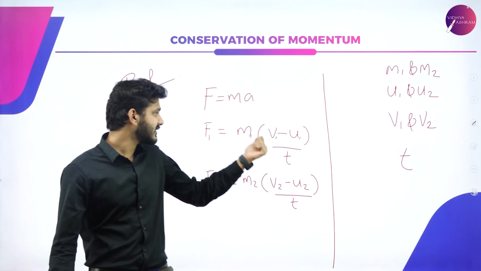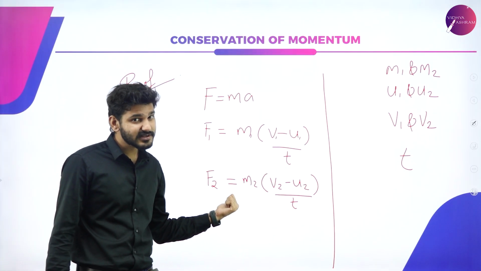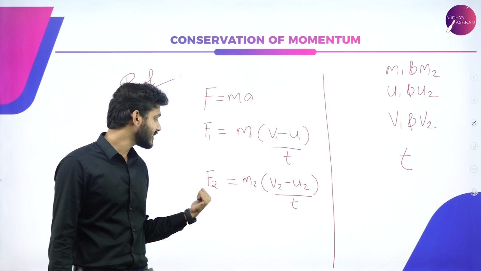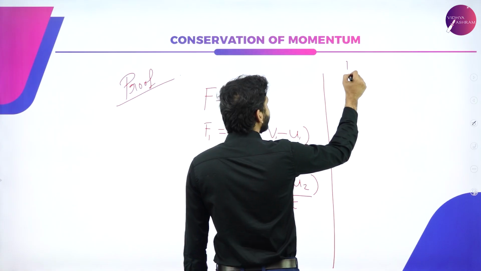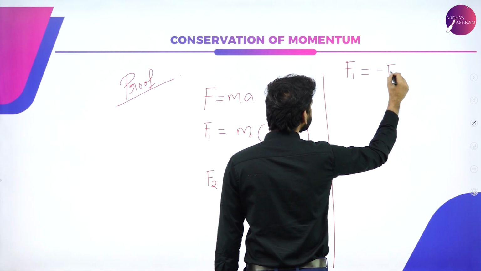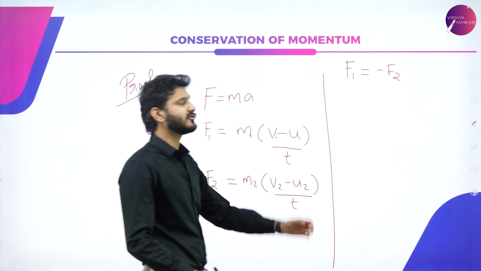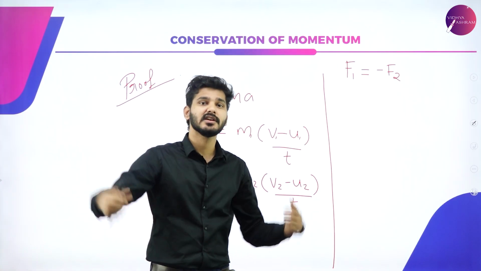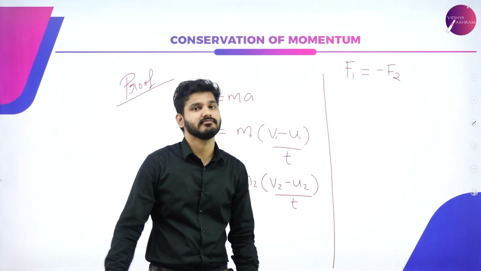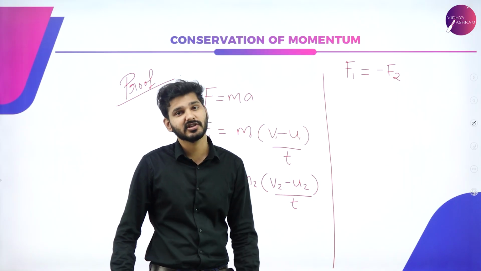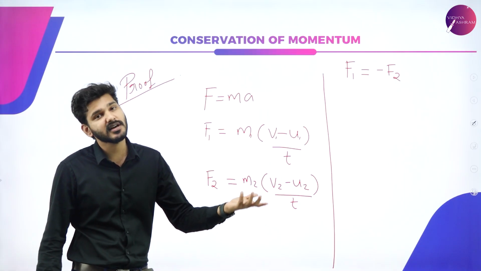So if this force is equal to this force, then from Newton's third law of motion, I can say F1 is equal to minus F2. Those forces will be equal but opposite in direction. When the collision happens, the bodies go in different ways, so the forces will be experienced in opposite directions, and let's assume that the forces are equal.